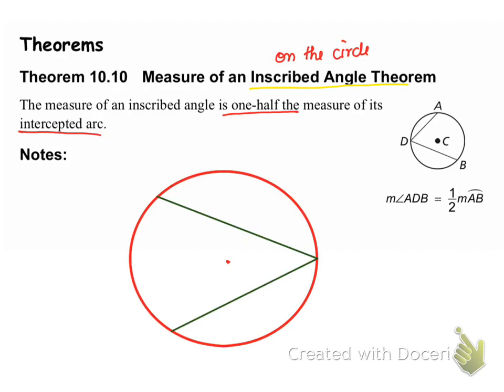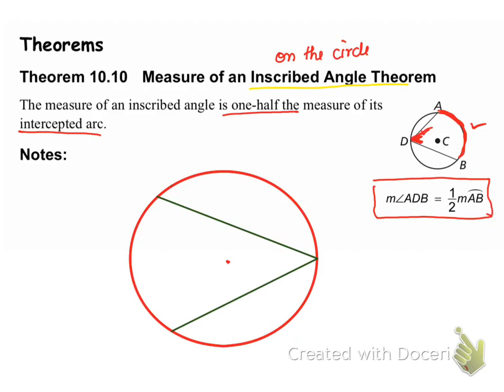So if AB is the arc, then this is the inscribed angle for that. Inscribed means it's not forming on the center, it's forming on the circle. So this arc is always double this angle, or you can say this angle is half of this arc. So the measure of angle ADB is half the measure of arc AB.